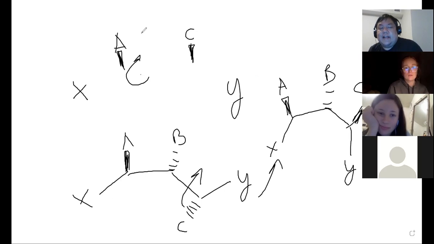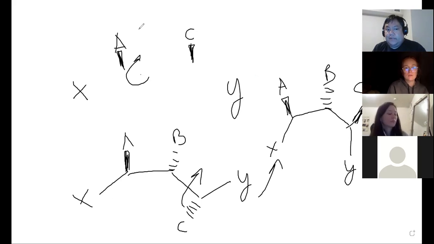So does that make sense that as I rotate, A doesn't rotate, right? 0 rotations, it's 180 degrees. How many times did I rotate B, the bond to B? Once, twice, 3 times? You rotated it once.